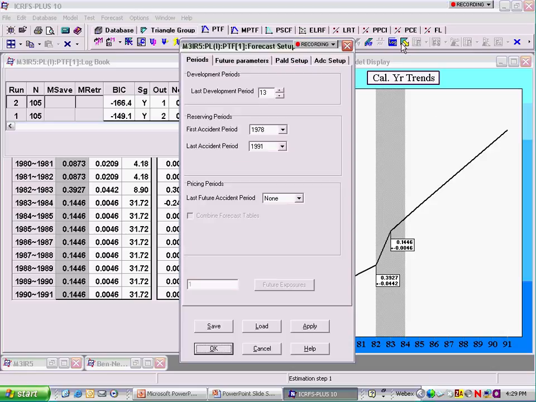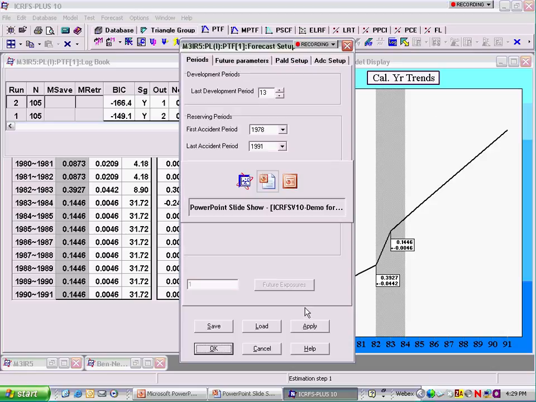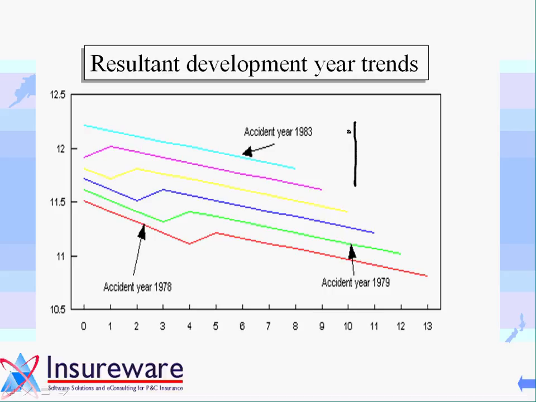When we want to do the forecasting, we have a lot of options. Let's view these. The triangle is 0 to 13 development years, so it has 14 in total. One option is how far do you want to forecast that way.